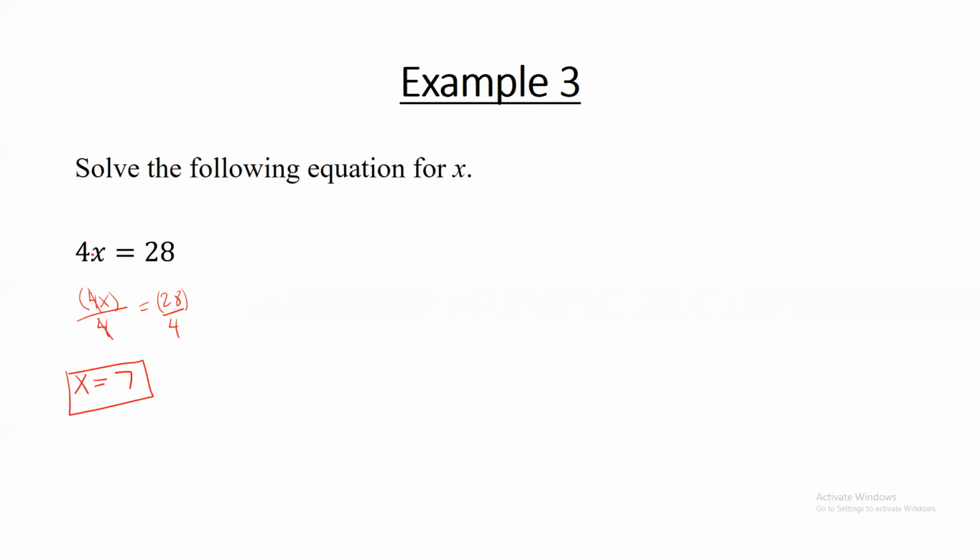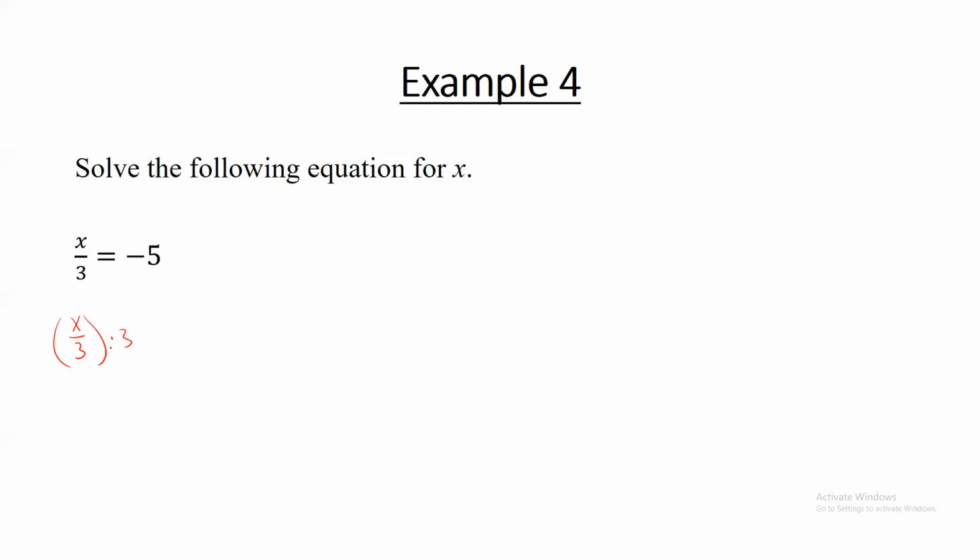Let's do one more example. X over 3 equals negative 5. Again, the first question we ask ourselves is what is happening to x? And here x is being divided by 3. Well, what's the opposite of dividing by 3? The opposite of dividing by 3 is multiplying by 3. So we are going to take x over 3 and we will multiply by 3.